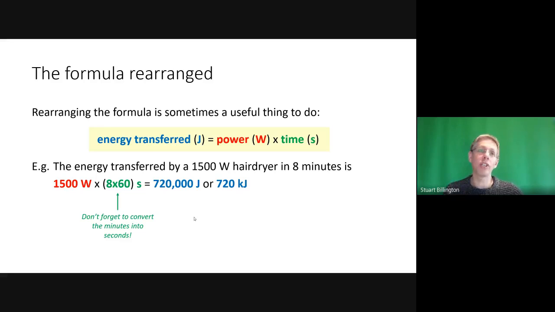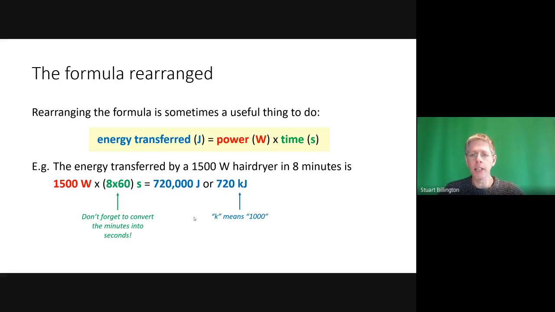But when you bring it out into people's homes and start using the joule as a unit for simple things like a hairdryer for 8 minutes, it just shows up that the joule is ridiculously small. So it's quite normal to switch to kilojoules. The k just means add 3 zeros, times by 1,000. And just like kilograms and kilometers, this is a kilojoule.